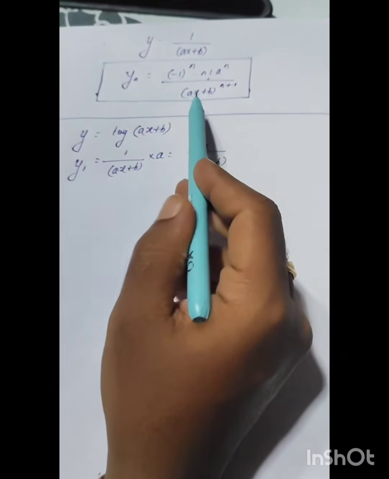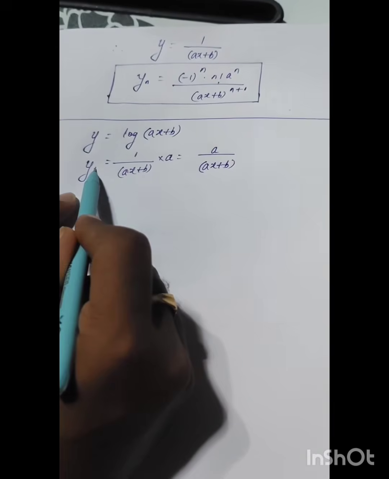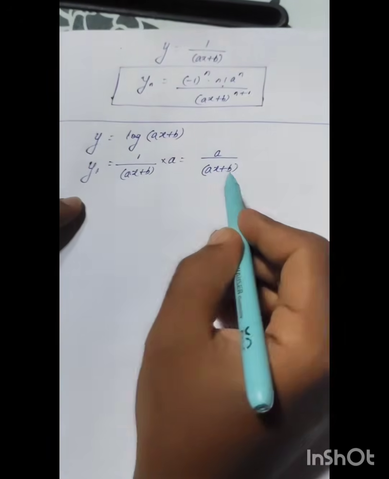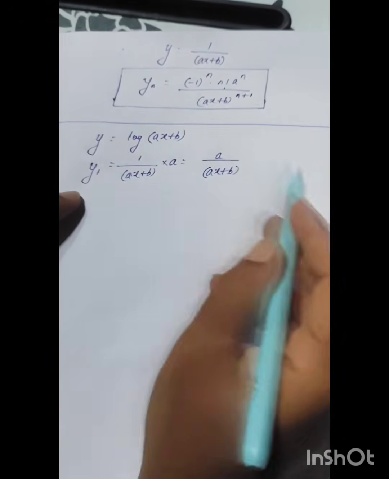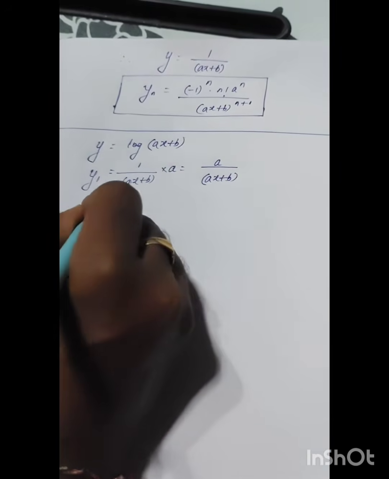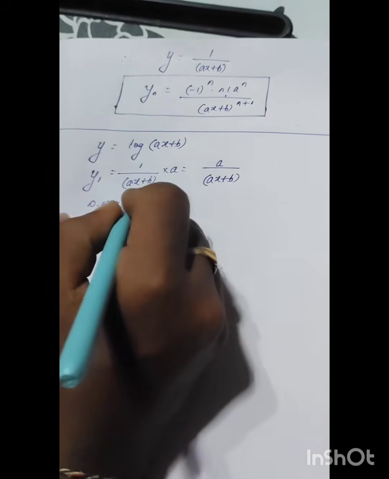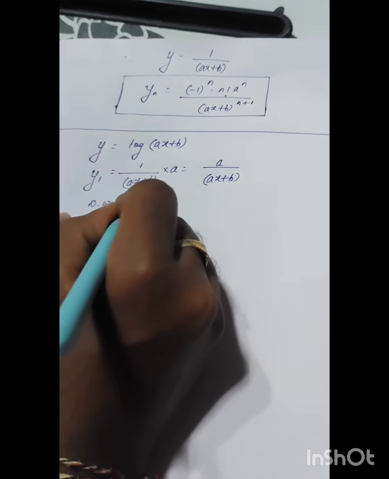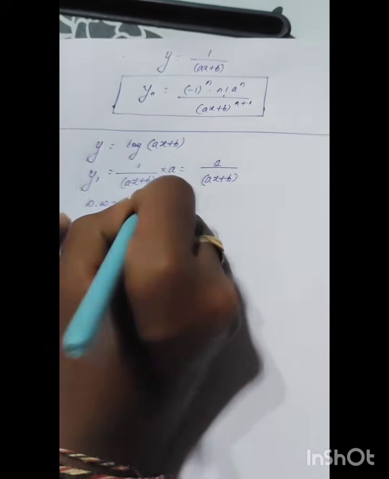So directly we can see, since we have differentiated once to get y1, if we have to get the nth derivative in terms of this y is equal to ax plus b, what we can do is differentiate y1 with respect to x n minus 1 times.